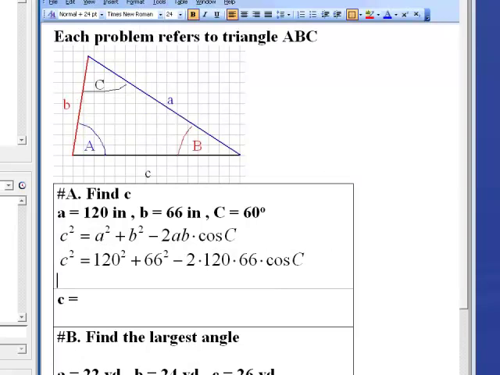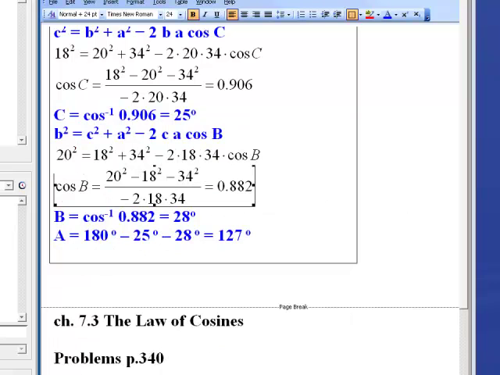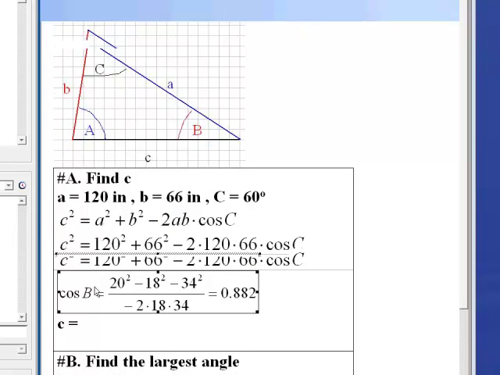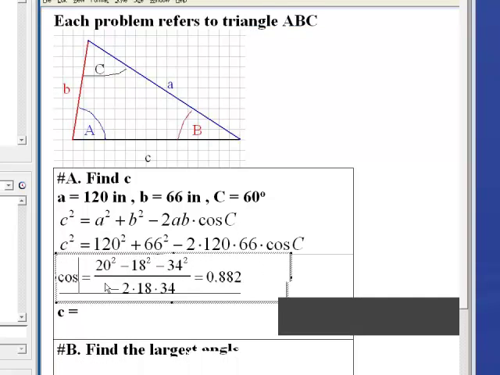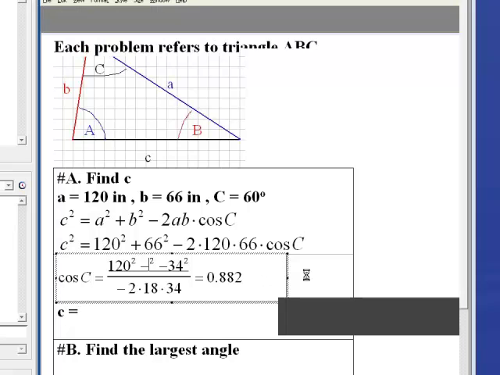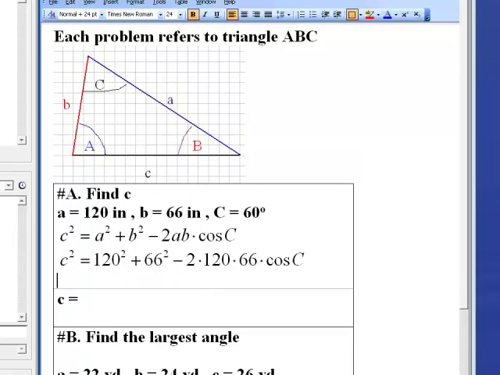Okay, at that point, I'm just going to borrow something from earlier, so I don't have to rewrite the whole thing. So cosine C comes out to 120 squared minus 66. No, actually, oops, I copied the wrong one. Maybe I should start over again, but nah, that's all right.